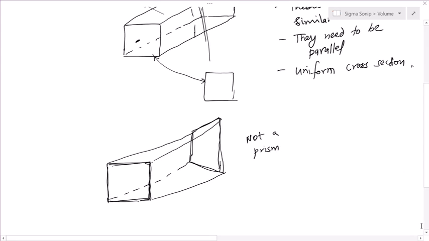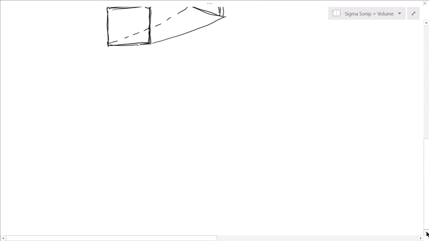Let's look at one more example. This is my first face, and another one is also a square. The other one is also a square of the same size, but it is oriented in a different direction.